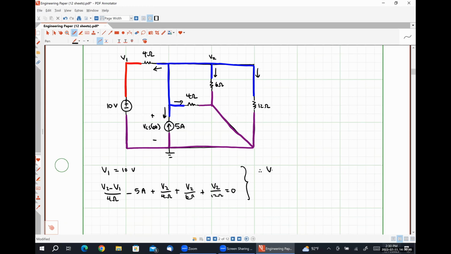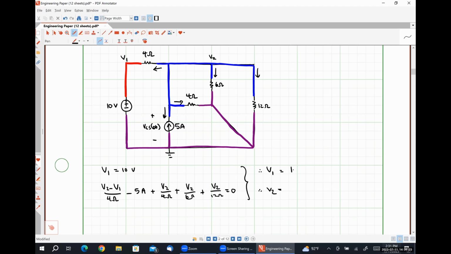I'll now solve this system. Hopefully I can make my calculator work correctly this time. So I have 1, 0, and 10. And then I have -1/4, and then 1/4 plus 1/4 plus 1/6 plus 1/12, equal to +5.